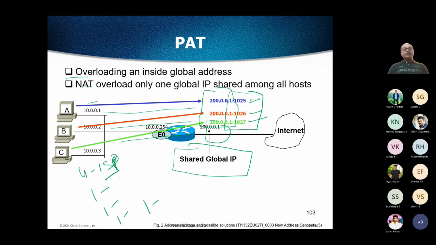Imagine they have a minimum of 100 connections. If you calculate 500 rupees per month, how much will it come to, guys? 50,000, right?